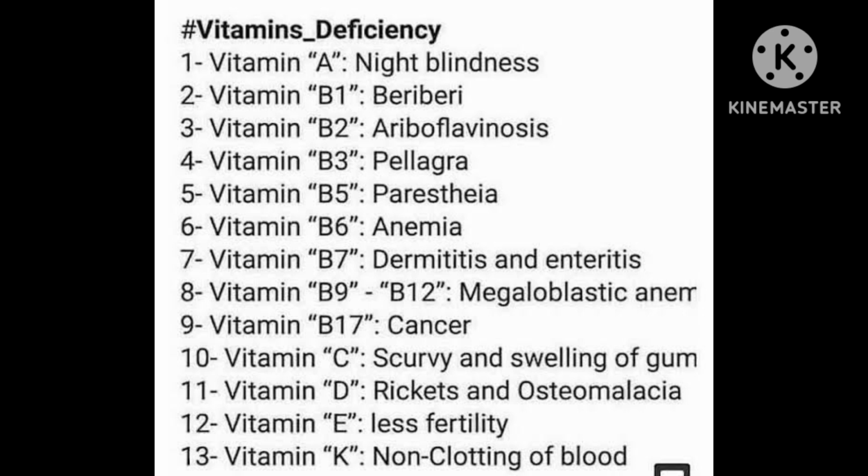Okay, bones will become soft if vitamin D is not available in your body. In the deficiency of vitamin D, the bone will be soft. Deformities, particularly for children, and joint pain in adults.